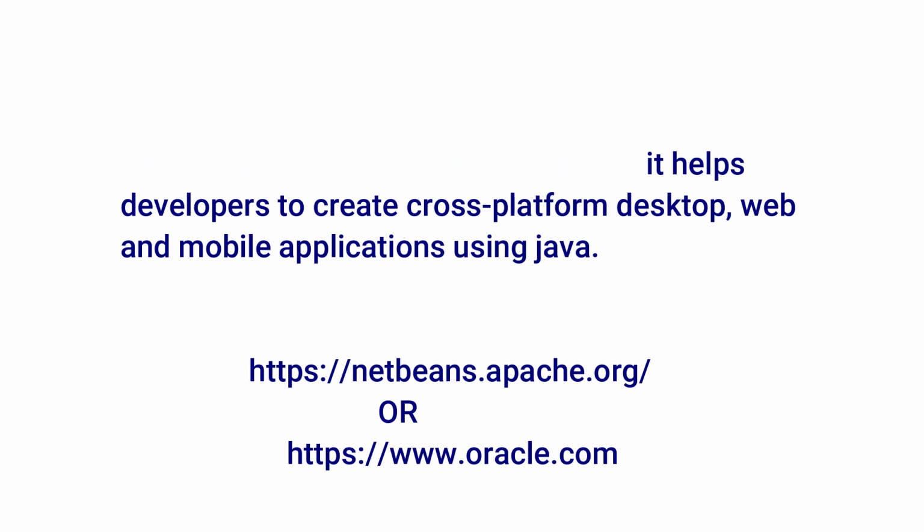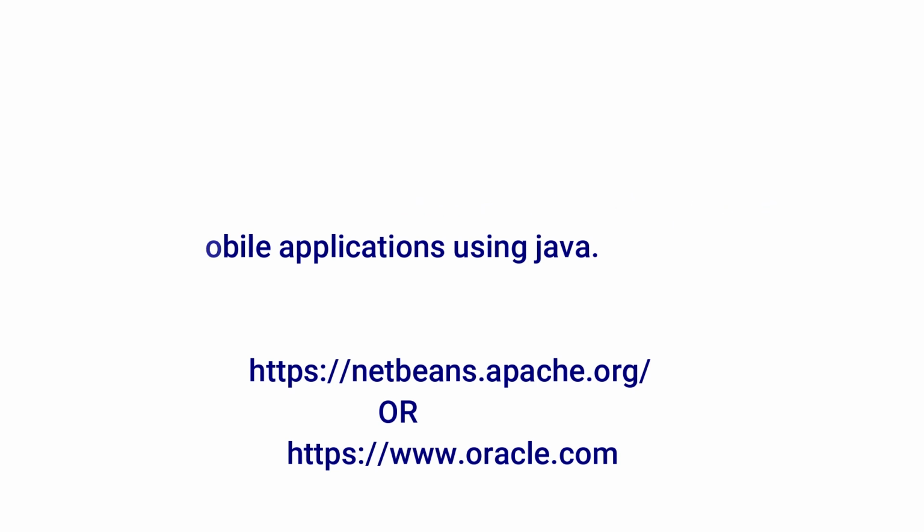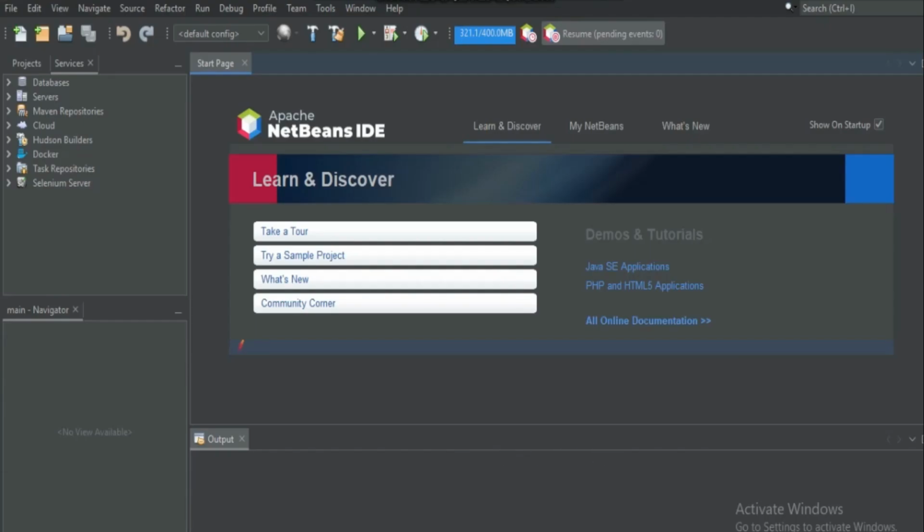And I'm going to bring it up and teach us some things in it, because there are some elements that we need to learn from NetBeans. I'm bringing it up right now for us to see. After the installation, when you open it, it's going to look like this at the first step.